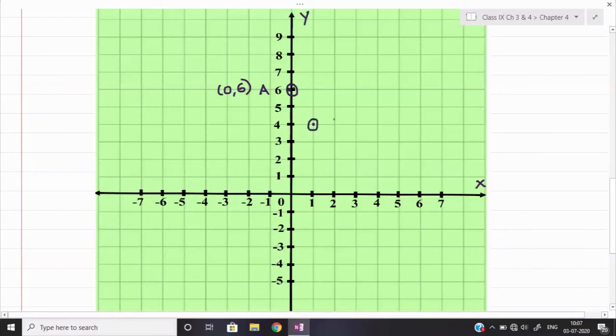So this is my second point. I will name this point B, 1, 4. Okay, similarly 2, 2. On the x-axis, 2 is coming at this place. From 2 I will go up, and in front of 2 on the y-axis I will mark my third point. This is C, 2, 2.